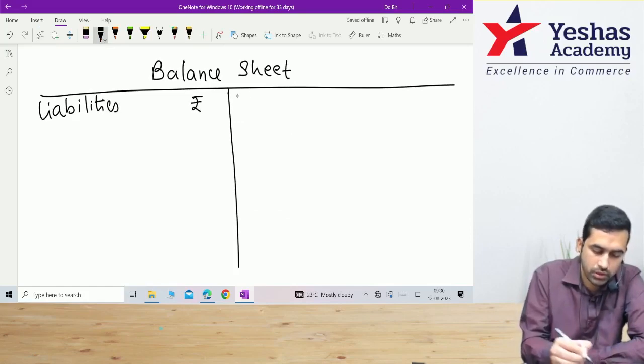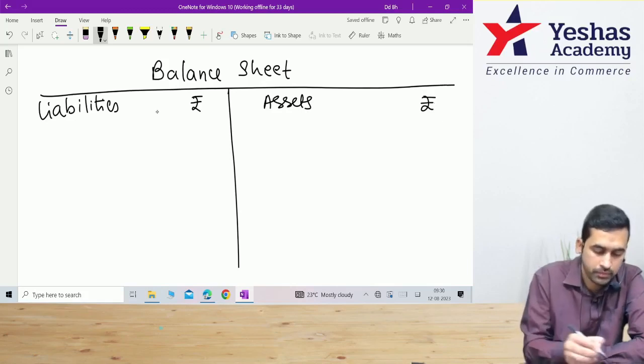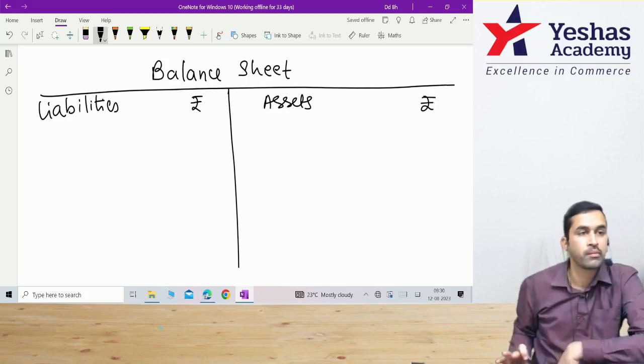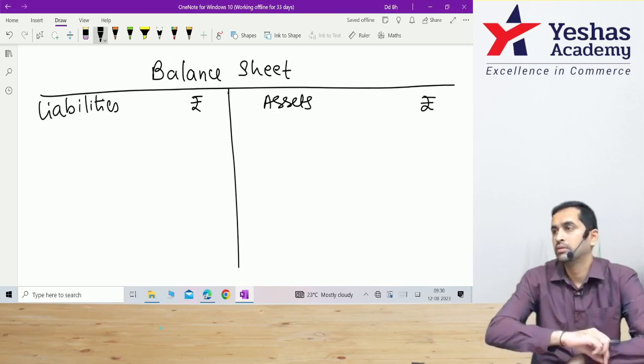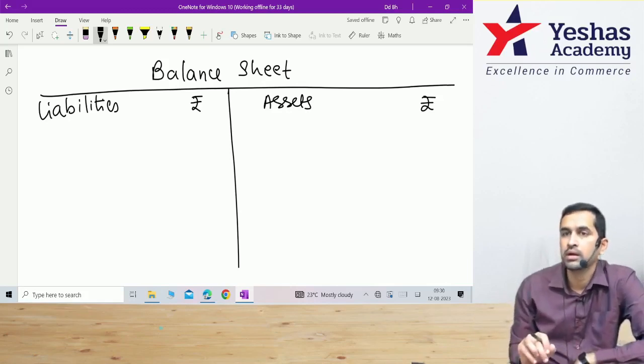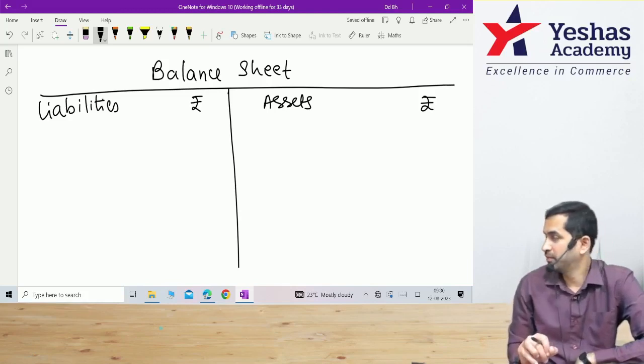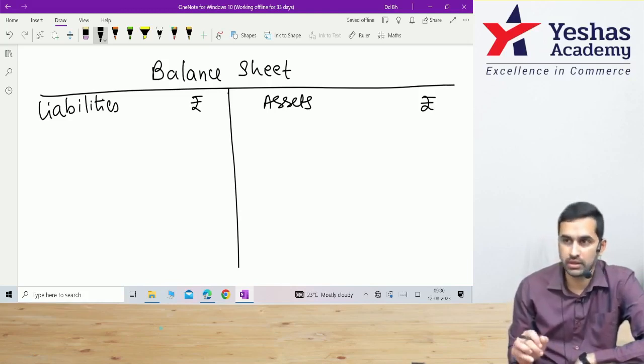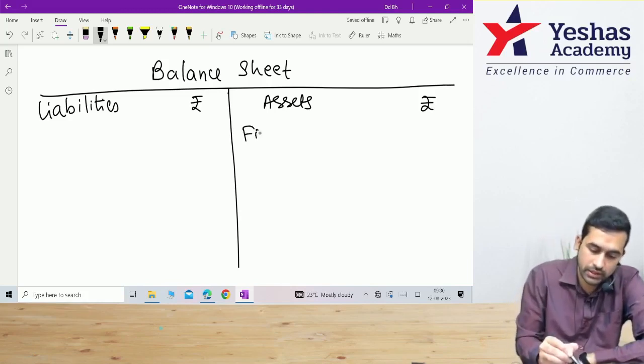Liabilities, amount in rupees; assets, amount in rupees. Is there anything that can be filled in balance sheet directly? Yes, fixed asset on the asset side.